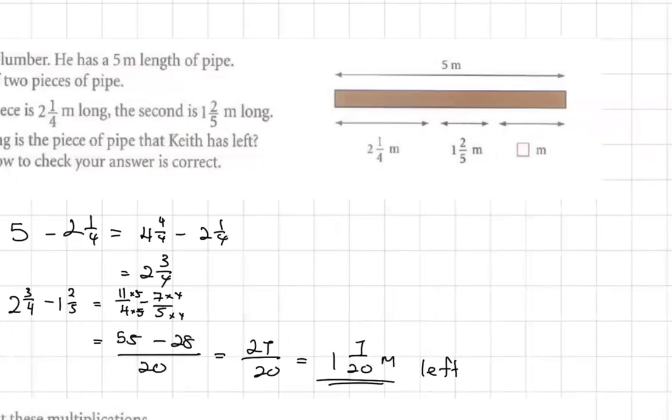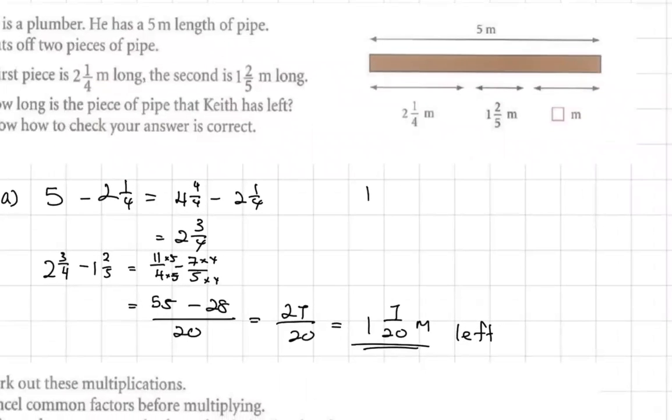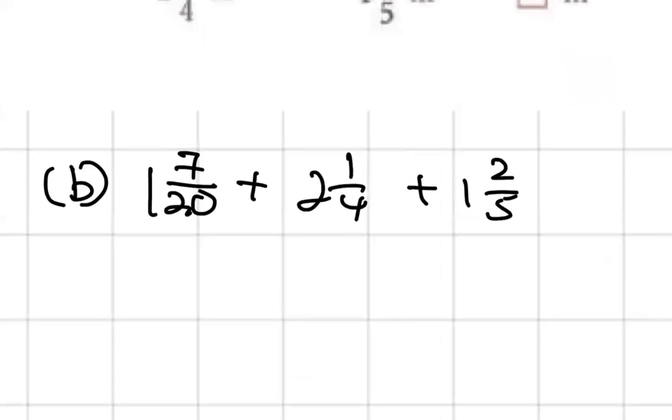Okay, how to check your answer is correct? So let's look at question B. All we need to do is we just add all of them up. We should be able to get 5. 2¼ plus 1 2 over 5. So based on this, you can actually see we can change all the denominators to 20.